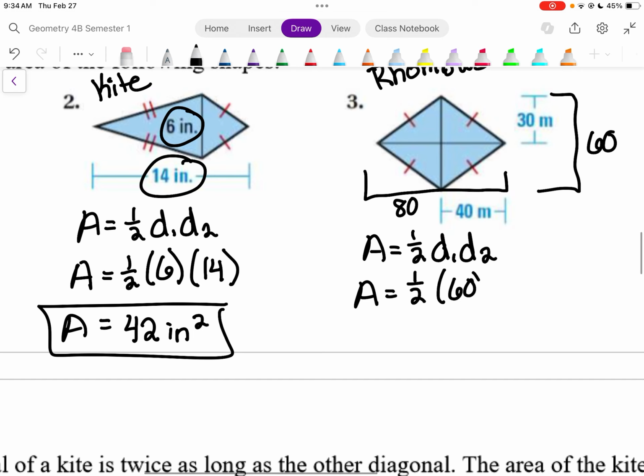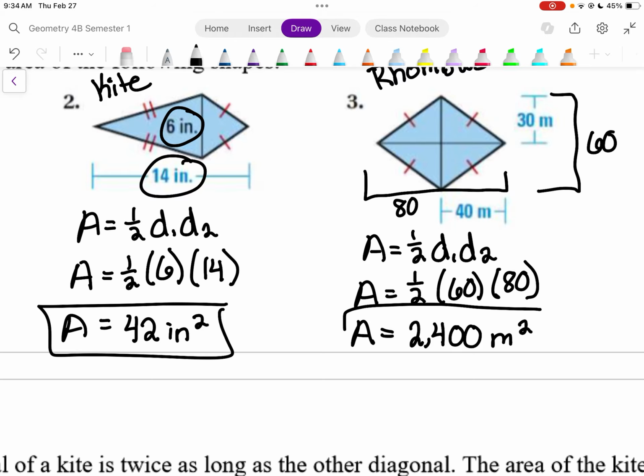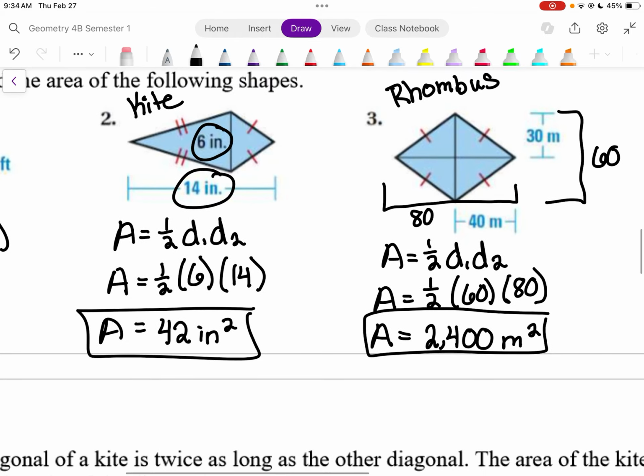So when you plugged it into your formula, you should have had 1/2 times 60 times 80 to get your answer. And when you type that into your calculator, you would get 2,400 meters squared.